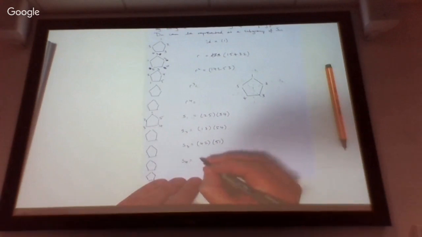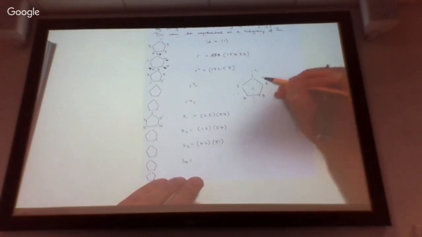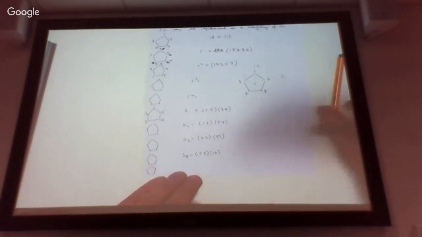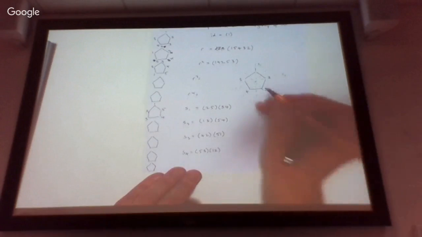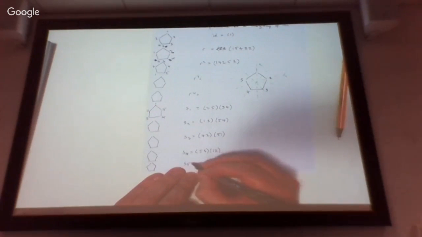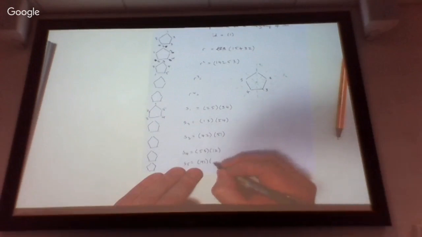S4, you get the idea, it leaves 4 fixed, and it swaps 5 and 3, 2 and 1. And then S5 leaves 5 fixed and swaps positions 4 and 1 and 3 and 2.